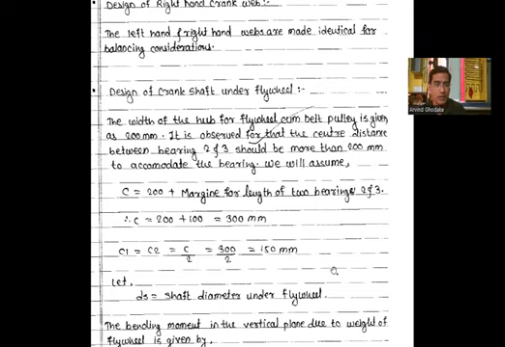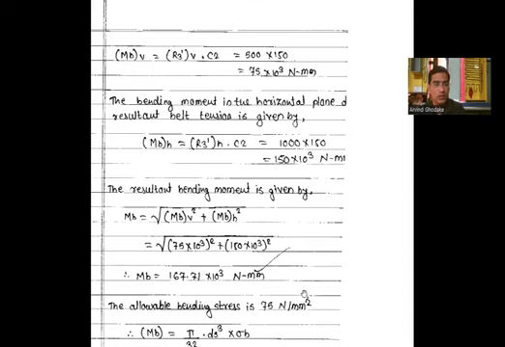Let ds be the shaft diameter under the flywheel. So we are going to design the shaft diameter under the flywheel. First, we calculate the bending moment. The bending moment in the vertical plane is equal to 75 into 10 raised to 3 Newton mm, and the bending moment in the horizontal direction is equal to 150 into 10 raised to 3 Newton mm. The resultant bending moment is the square root of the sum of squares of the bending moments in the vertical and horizontal directions. Therefore, the resultant bending moment will be equal to 167.71 into 10 raised to 3 Newton mm.